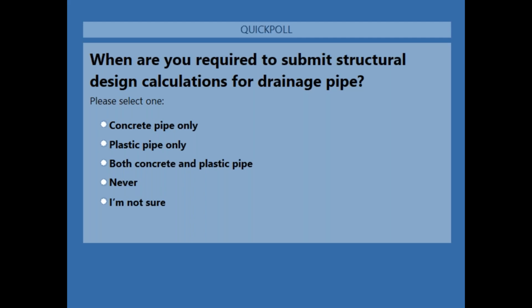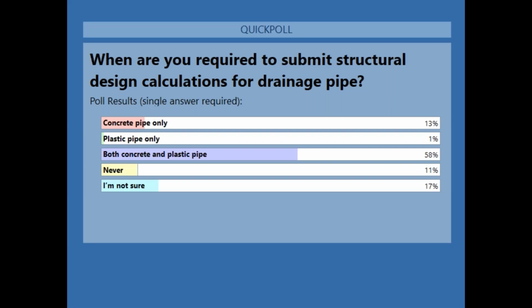Okay, I'm going to close that. Paul, since you can't see it, you got 13% for concrete pipe only, 1% for plastic pipe only, 58% for concrete and plastic, 11% never, and 17% I'm not sure.